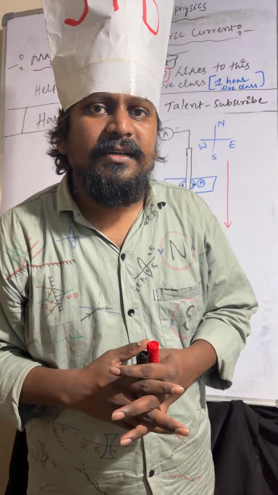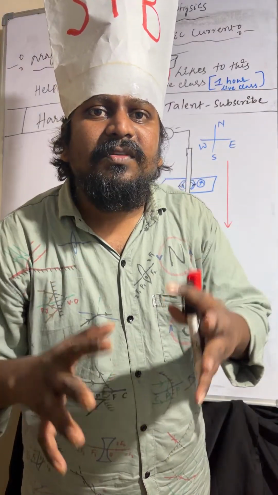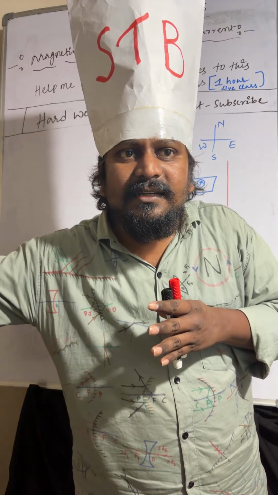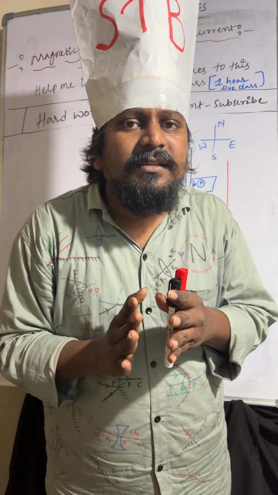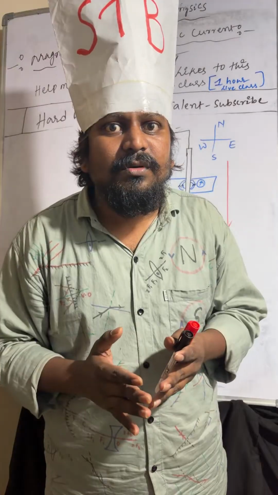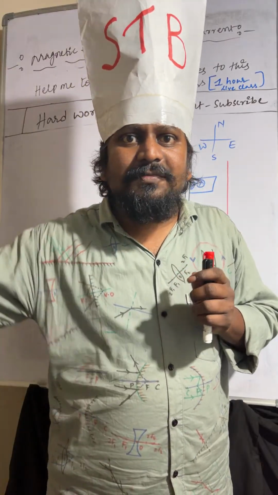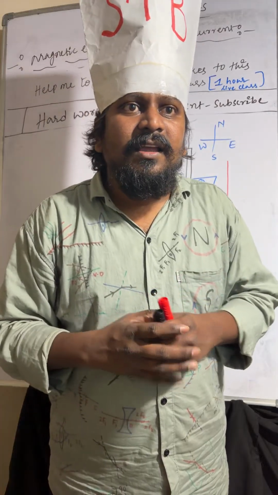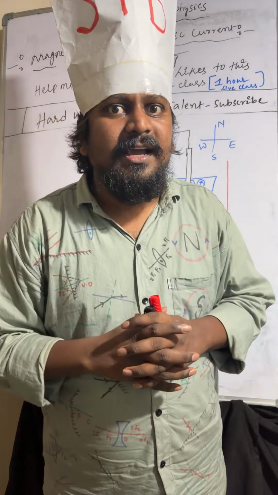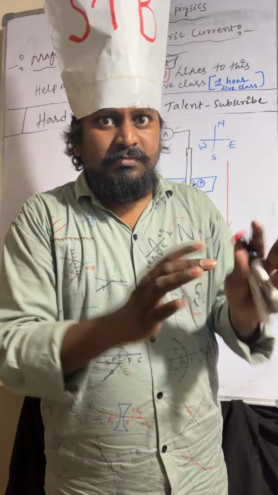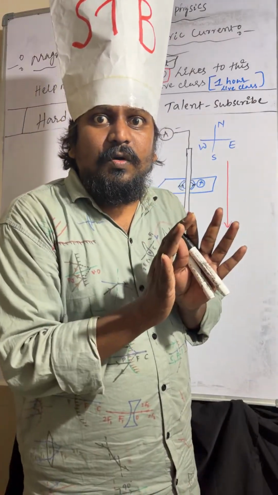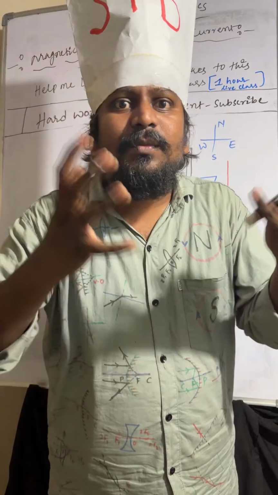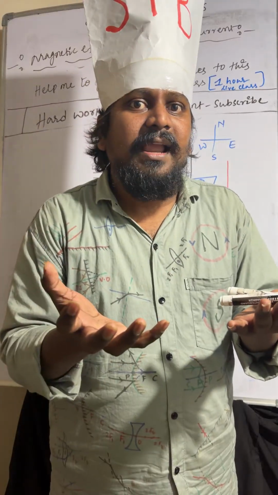Near to the conductor, magnetic field is more. If you go away from the conductor, magnetic field is less. If you stand near to the fire, you'll feel the heat. If you hold an ice cube, you can't hold it for long, right?